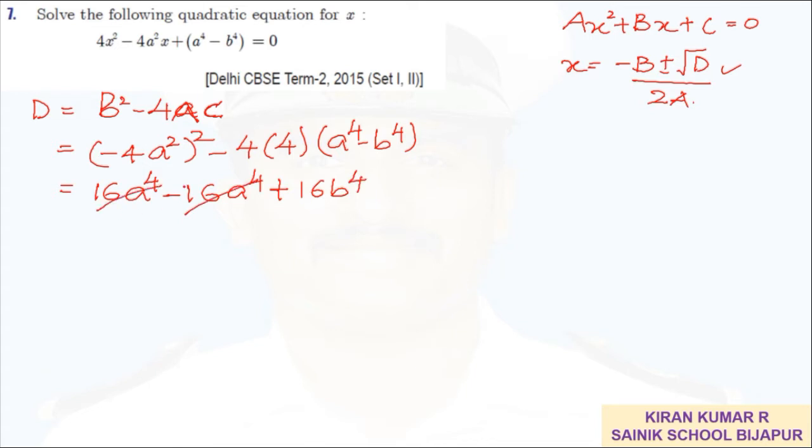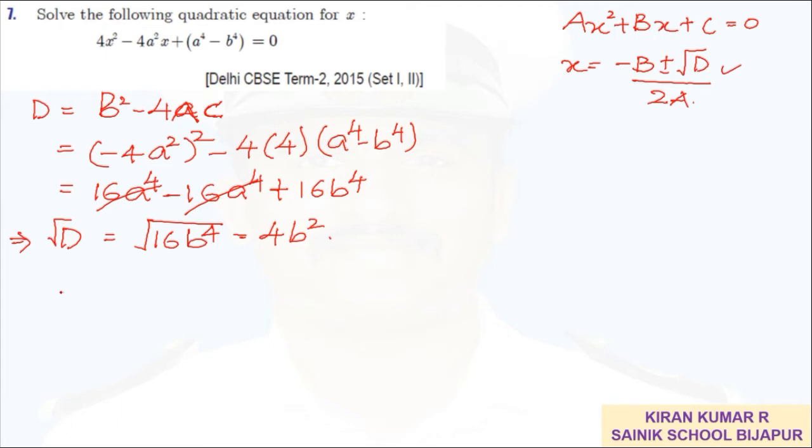These two terms will get cancelled. Let me find out root d. Root of discriminant will be root of 16b raised to the power 4. So I can write it as 4b square. 4b square is the value of the discriminant.